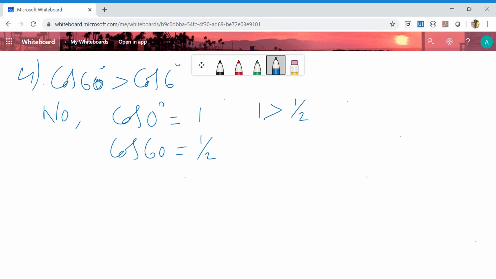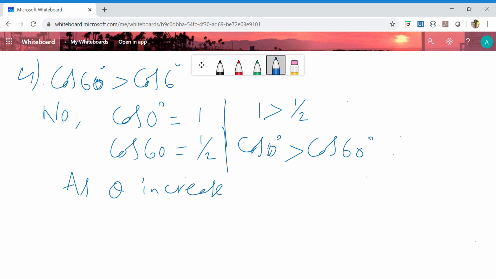So cos 0 degrees is greater than cos 60 degrees. That means as theta increases, the value of cos theta decreases.